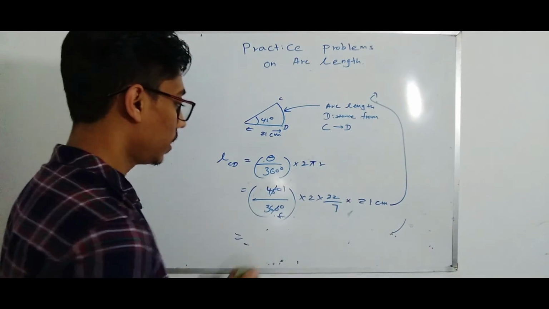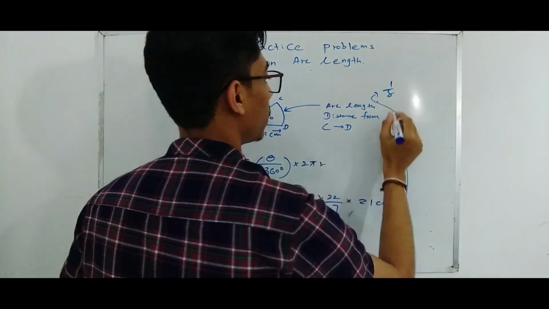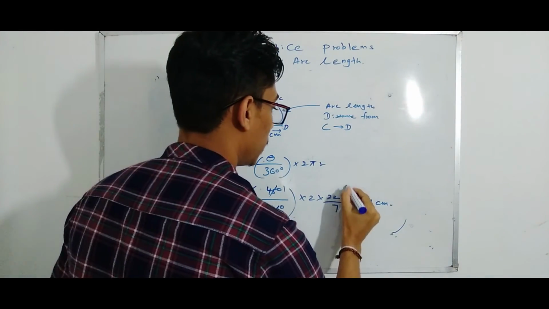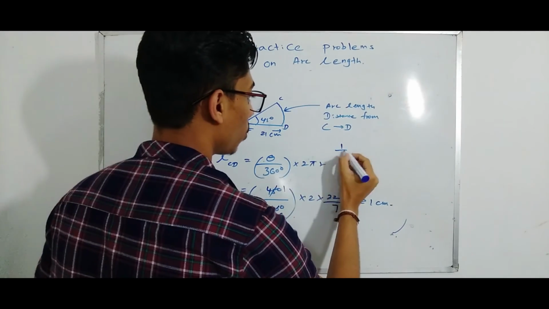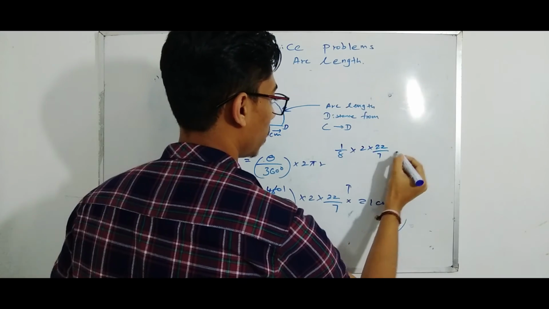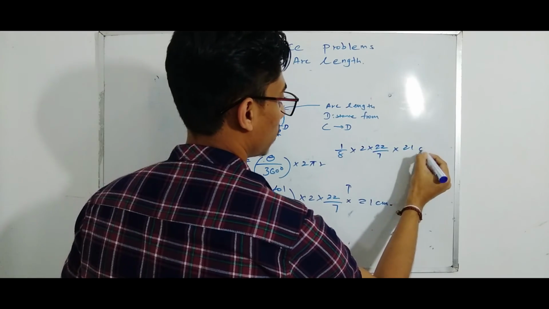So you have 1 over 8 into 2 into 22 upon 7 into 21 centimeters.